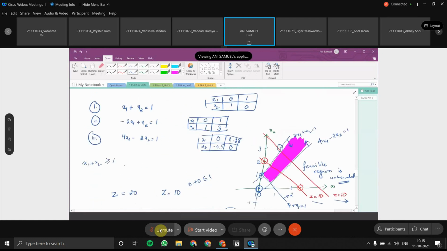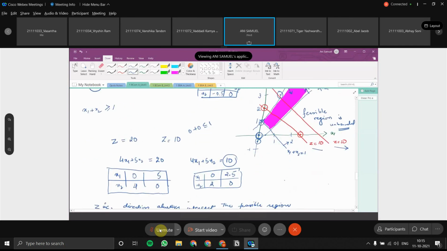You can plot the line. This is my line, x1 plus x2 is equal to 1, as you can see. Now, to see whether it is greater than or equal to, or less than or equal to 1, I have to check whether it is lying to the left hand side or to the right hand side.